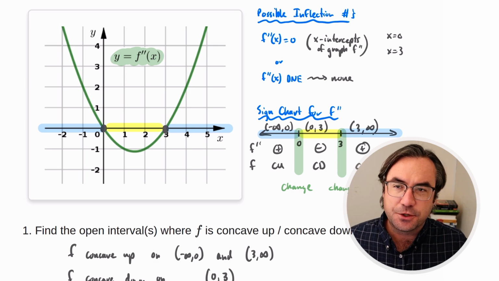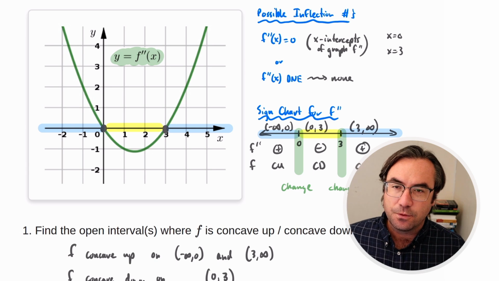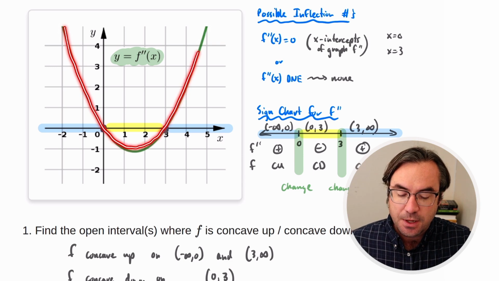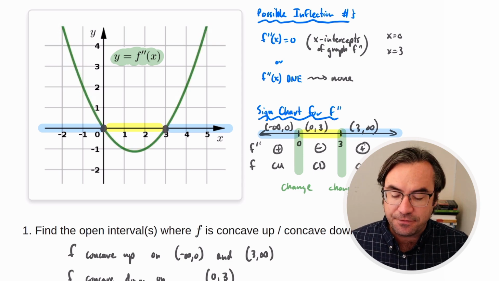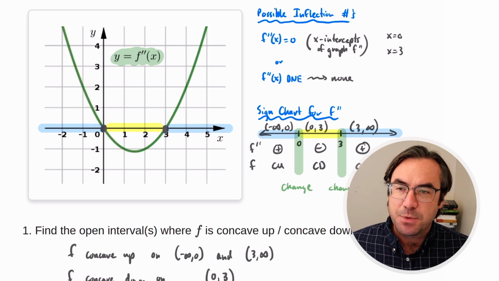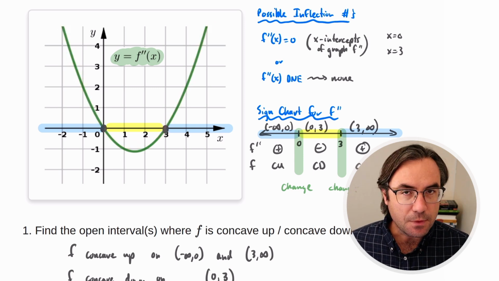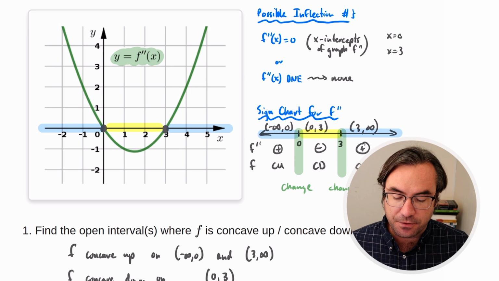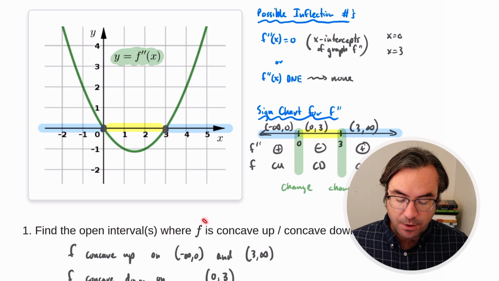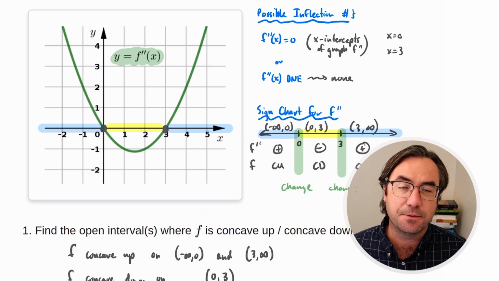So again, the tricky thing with these types of problems is we're looking at the graph of f double prime. So when you look at this graph, if we're talking about the intervals of concavity, you might think, well, yeah, this graph is always concave up. But we're not investigating whether this graph is concave up. We're trying to figure out whether the graph of the original function is concave up or concave down.